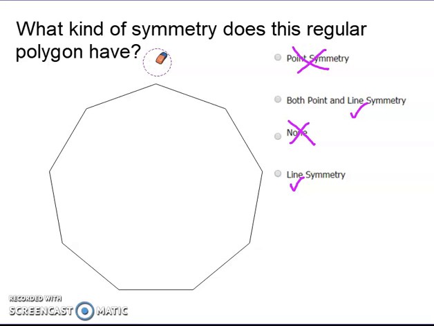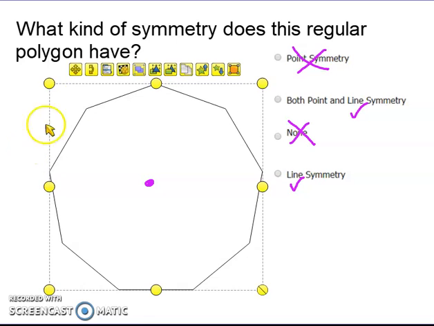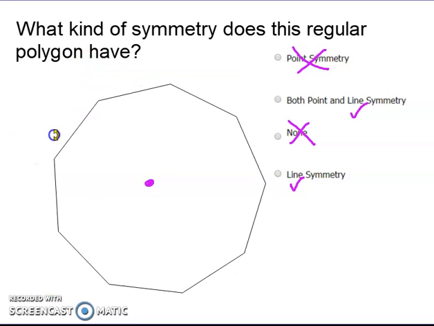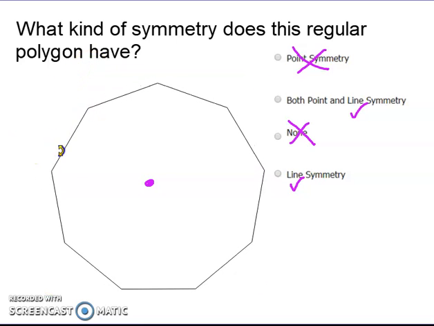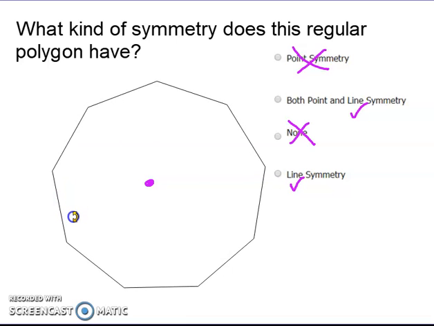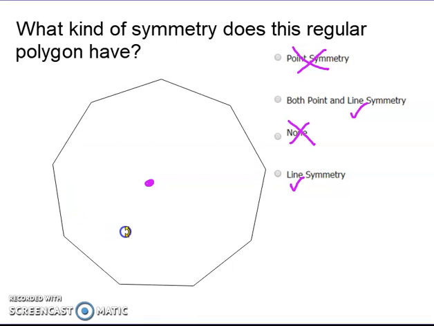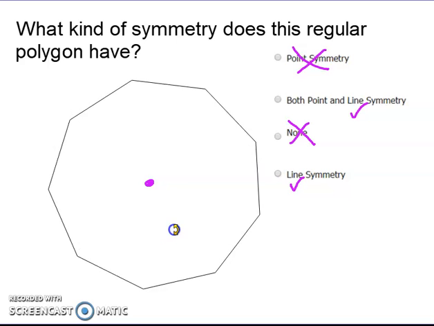Now, as far as point symmetry goes, I'm going to put a dot in the middle here. If I rotate my shape, is there a point that it will still look the same? If I turn it just like that, or turn it again, and again, there are multiple points of symmetry.